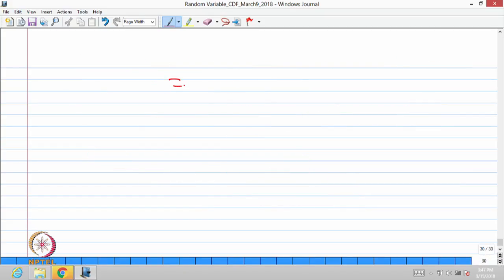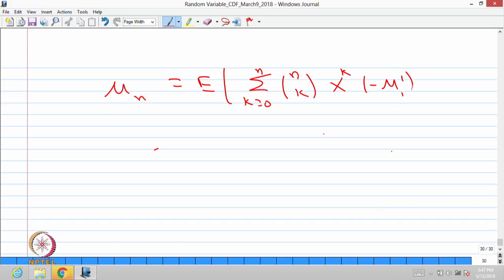That is same as expectation of summation k is equal to 0 to n, n c k, x power k and minus mu 1 dash power n minus k.